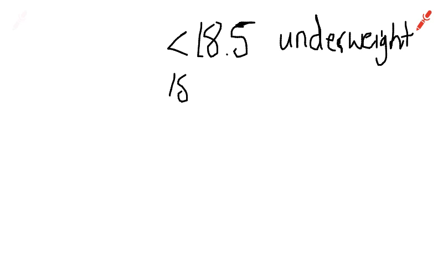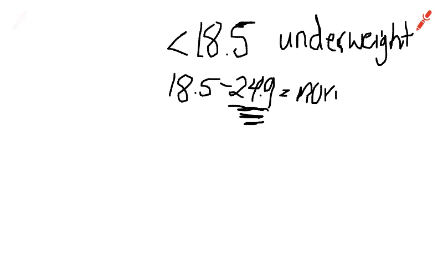Now if it's between 18.5 and 24.9, and it's very important to notice it's 24.9, not 25, that means you're normal weight. Also notice 18.5: if you're an 18.5 BMI, that puts you as normal. If you're 18.4, you're underweight. It's not greater than or equal. It's very important to note 24.9, the little cutoff range. There'll probably be a simple question on just the cutoff.